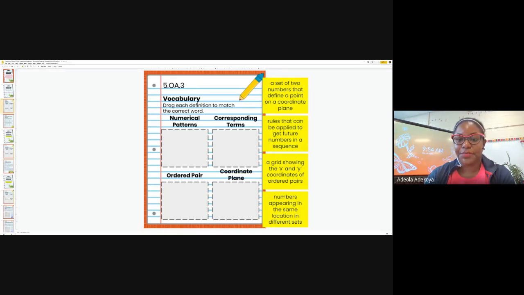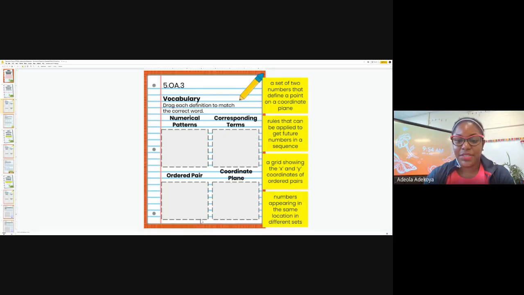First one says, a set of two numbers that define a point on a coordinate plane. Then, rules that can be applied to get future numbers in a sequence, a grid showing the X and Y coordinates of ordered pairs, numbers appearing in the same location in different sets.